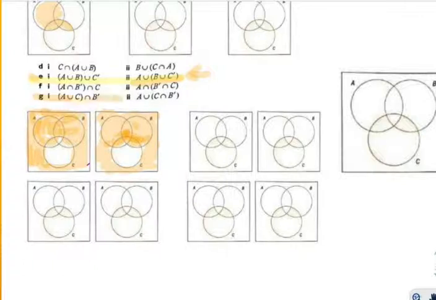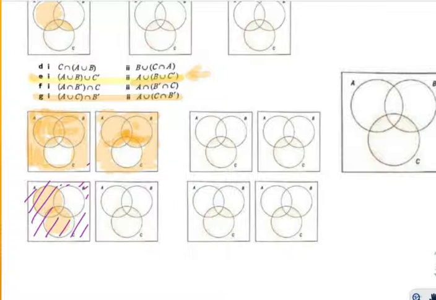Now let's do G. Number one would be A union C. So we can just color that in. We're good at union now, right? A union C, and then we intersect it with B complement. B complement is everything outside B. And remember, we're just going to intersect it this time.